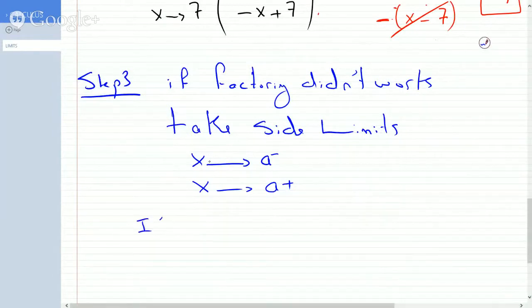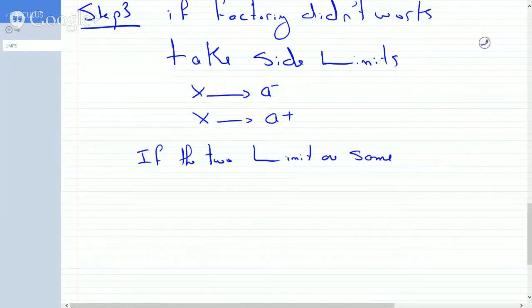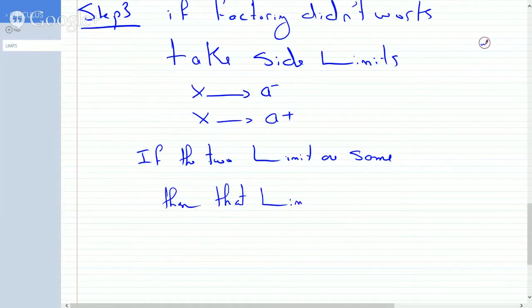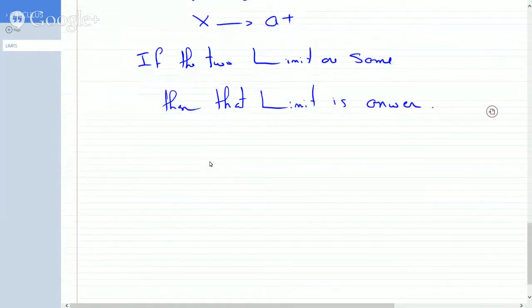If the two limits are the same, meaning the limit as x goes to a minus and x goes to a plus are the same, then that limit is the answer. Maybe if we put it in a diagram, it's better.